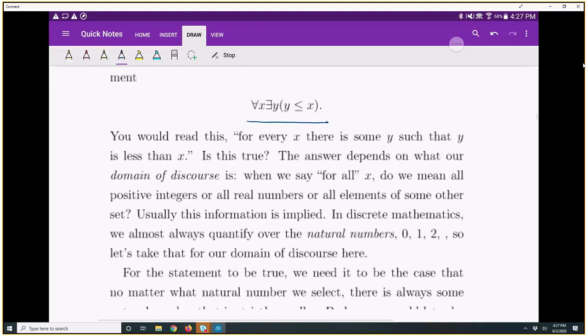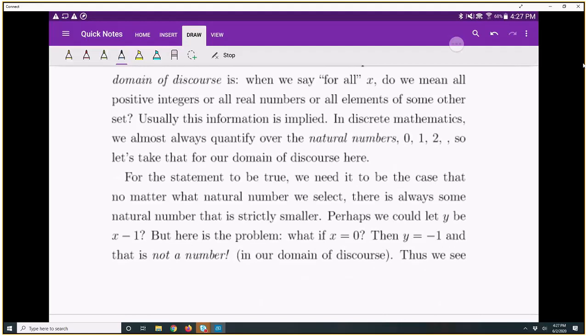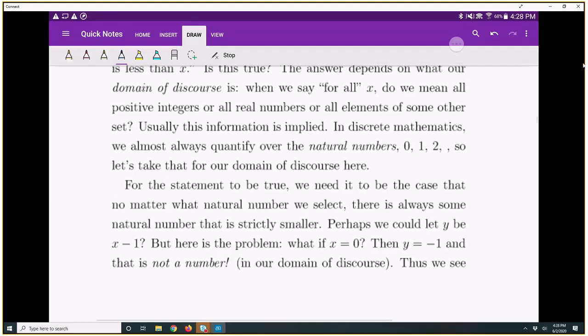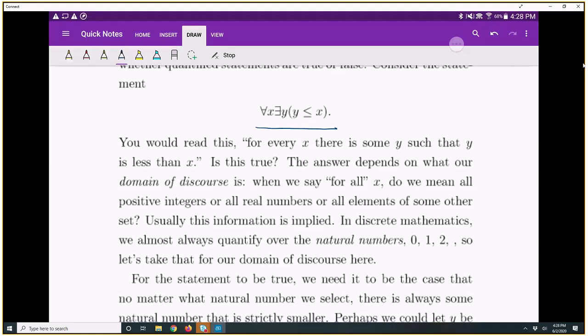In discrete mathematics, we're often going to be using the set of natural numbers 0, 1, 2, 3, 4, etc. So let's take that to be the domain of discourse when we consider this statement. We're thinking about x and y being two natural numbers, and we want to determine if the statement for all x, there exists y less than or equal to x, is true.